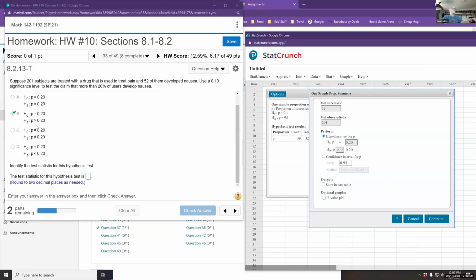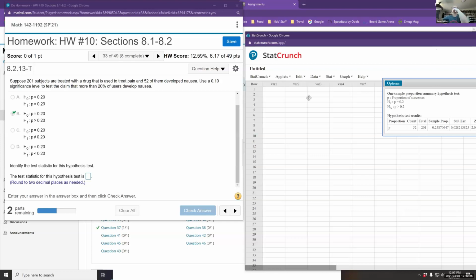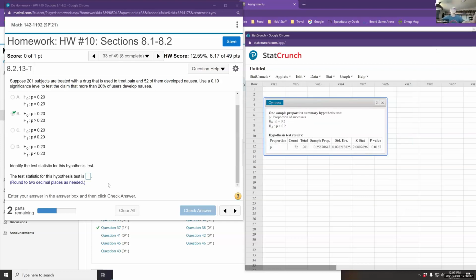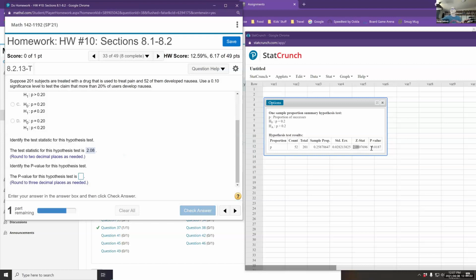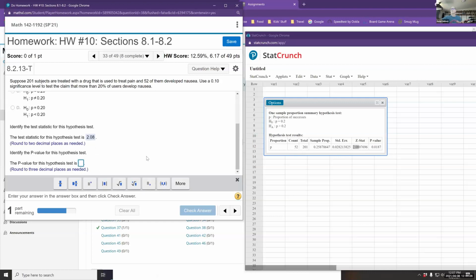So now in this problem, our claim is the alternative hypothesis. And we get this box of results. So they want the test statistic to 2 decimals, which is 2.08. And they want the p-value to 3 decimals, which is 0.019 if I round up.